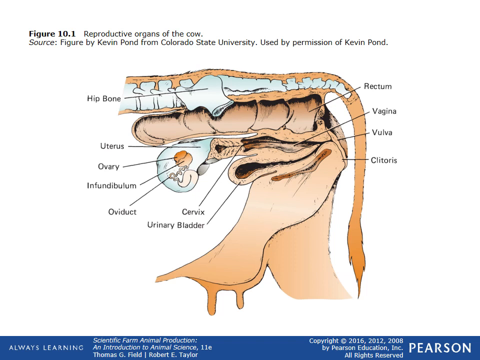Anterior from that, or towards the head of the cow, you'll see the uterus, and then the uterine horns or oviducts tend to curl underneath the uterus, and the ovaries sit right underneath there. So as you're palpating or inseminating an animal, you pass your arm up the rectal cavity and feel through the soft tissue to palpate the reproductive tract, if you're artificially inseminating or a veterinarian is checking for the presence of a fetus.